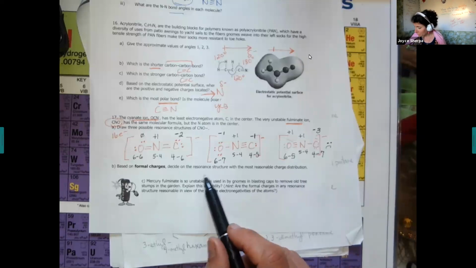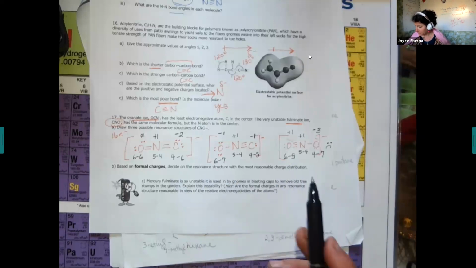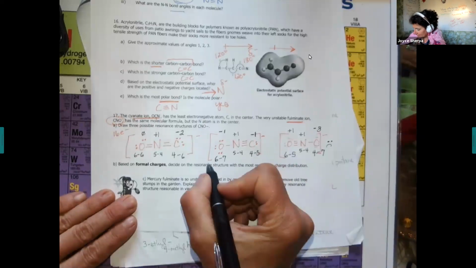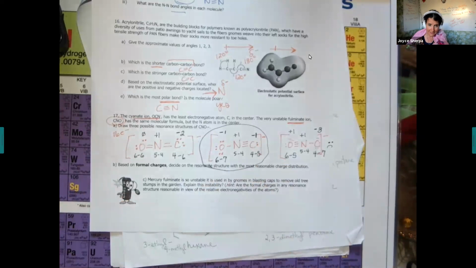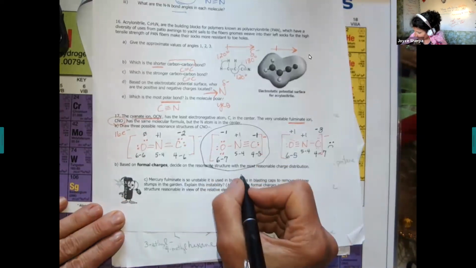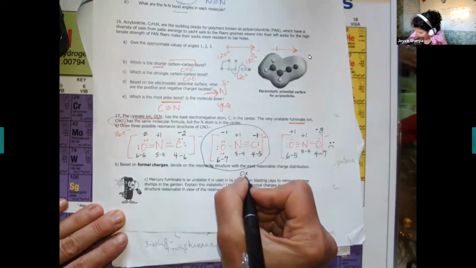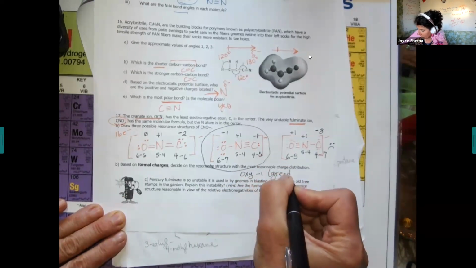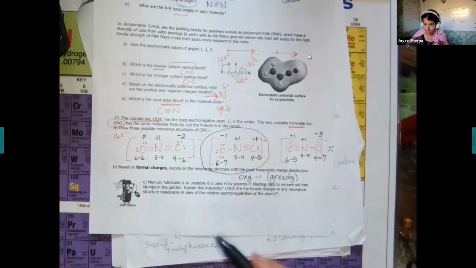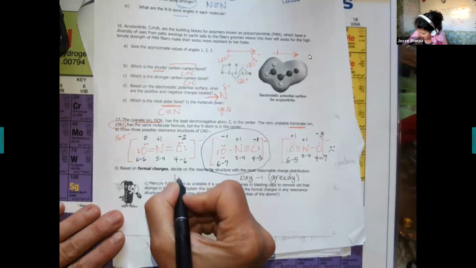So based on formal charges, which of these is most reasonable? I would have to say it is this one. So you want the lowest formal charges possible. And it's giving the oxygen the -1, and it's the greediest one, or the most electronegative. And also they're the lowest numbers.